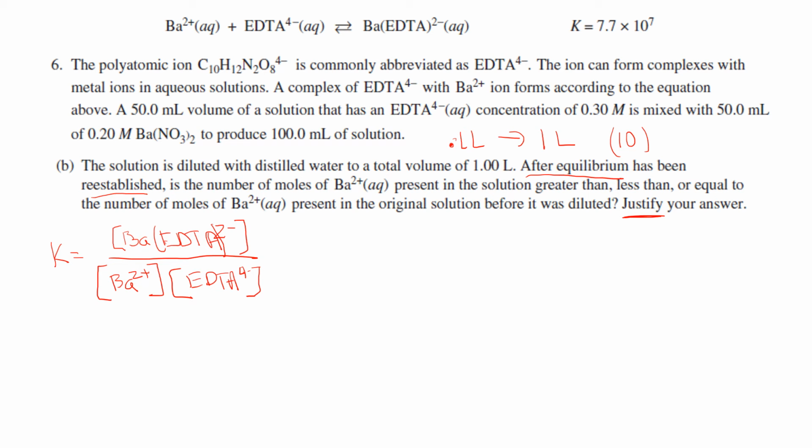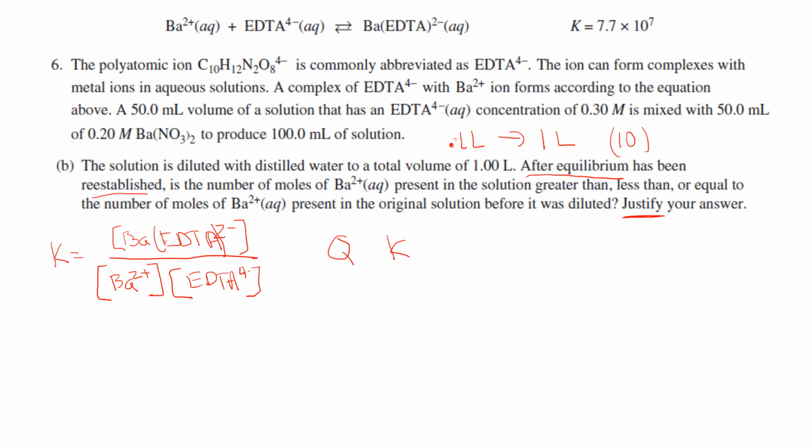And it's equal to this particular K value, which is quite large. So we're going to have to compare how Q compares to K. We've established equilibrium, and now we're going to change our situation.